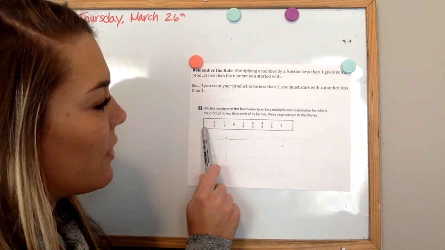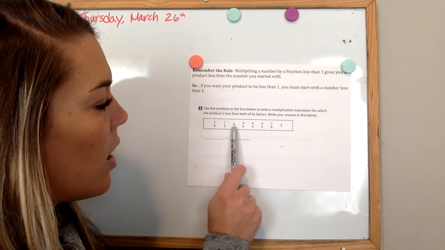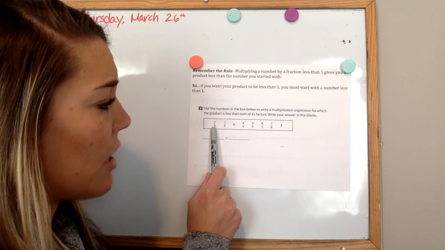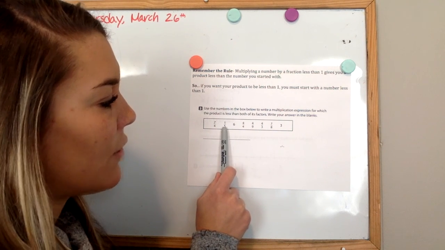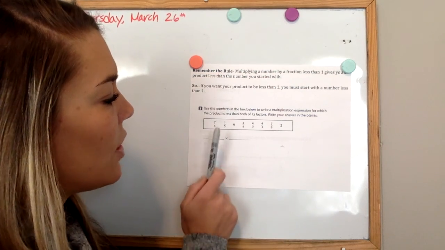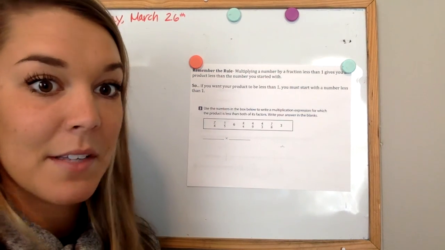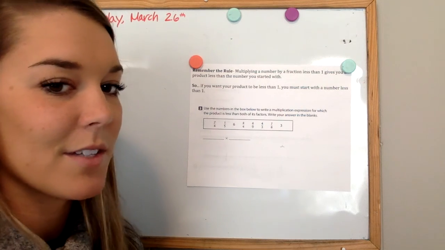I'm going to see if there's some fractions less than 1. Ooh, 7/4 actually I know is less than 1. So is 1/5. So there's a few options here. I'm going to pick to start with 1/5 because I like multiplying by 1. I know that's kind of easy.